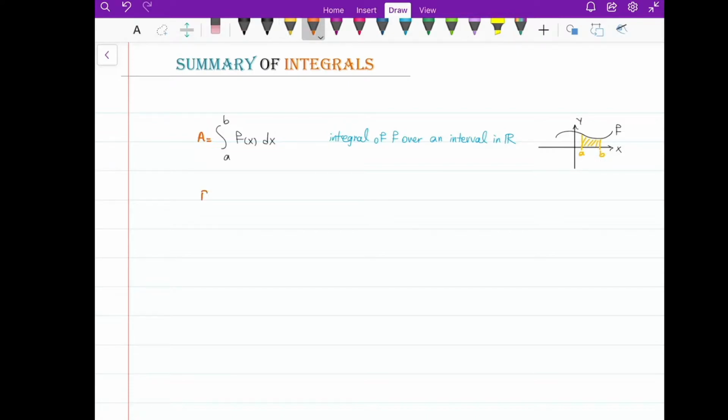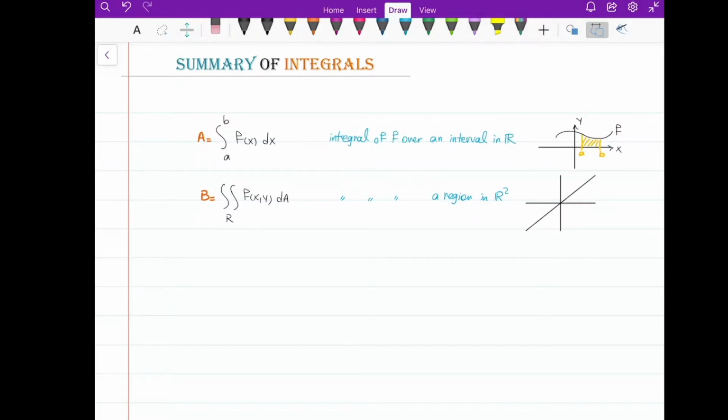Then we looked at the double integral of a function of x and y, dA, over the region R. It's the integral of a function over a region in R2. It calculates what?